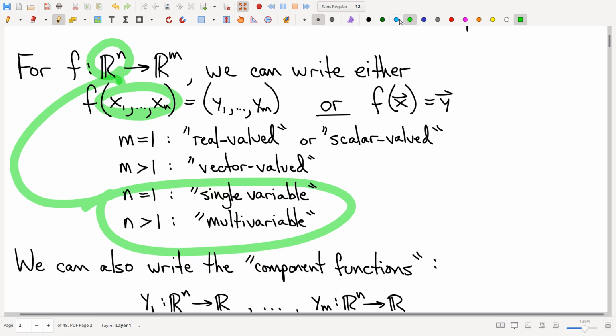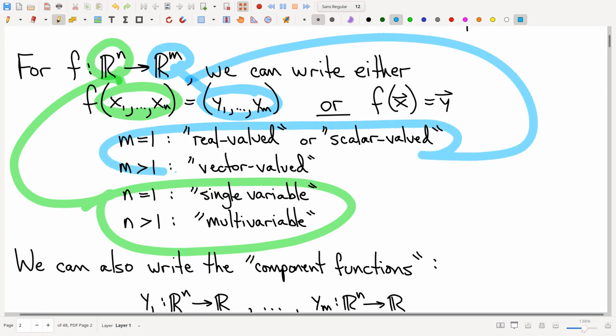We also need to distinguish functions by how many output coordinates there are. And again, there might be several or there might be just the one. And so we use these terms. If there's only one output, then it is a real valued function because what comes out is a real value. Right? Or if there's several outputs that come out, that makes up a vector, and thus we call it a vector valued function. Okay, so it's just terminology, but it's got to get said.